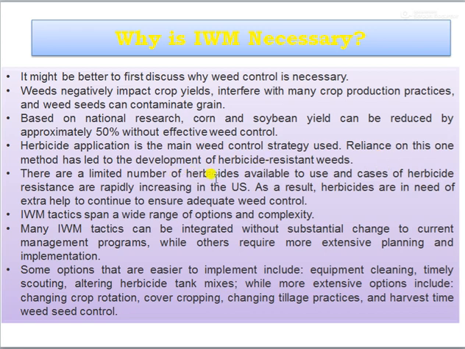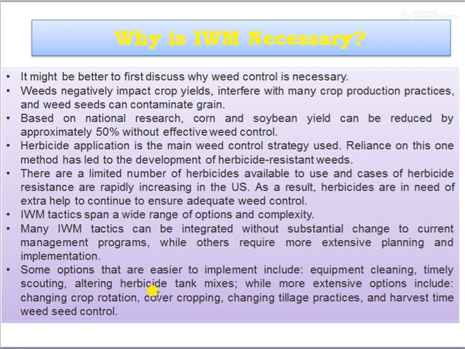There are a limited number of herbicides available for use, and cases of herbicide resistance are rapidly increasing in the US. As a result, herbicides need extra help to ensure adequate weed control. The IWM tactics span a wide range of options and complexity. Many IWM tactics can be integrated without substantial changes to current management programs, while others require more extensive planning and implementation.